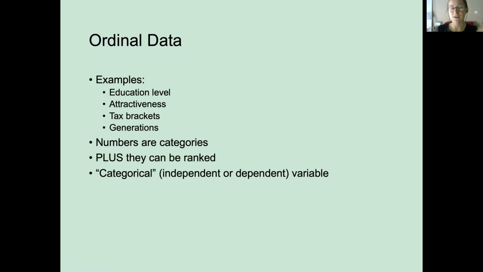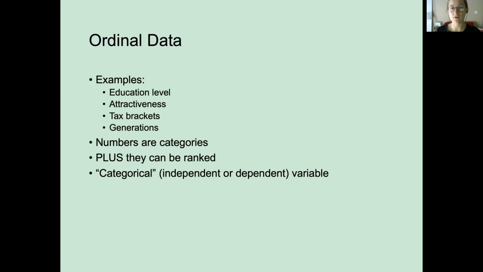If we assign a number to each one, like 1 was didn't finish high school, 2 was high school or GED, for example, those would be categories, but this has something extra that nominal data doesn't have. It can be ranked. One of these absolutely means more of something than one of the others if it's a higher number. These are also, though, categorical variables.